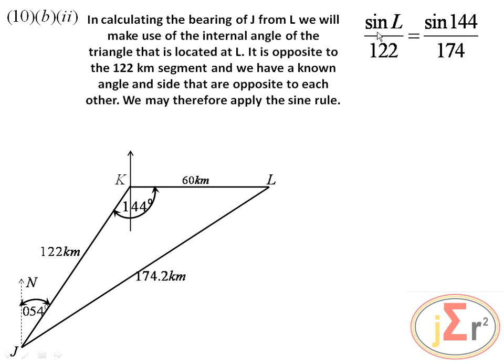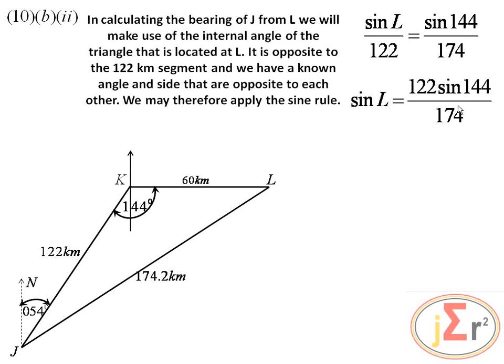Right, so angle and side opposite, angle and side opposite to it. The only unknown here is L. Dividing by 122, we multiply by 122 on the right hand side. Then we may simplify this.